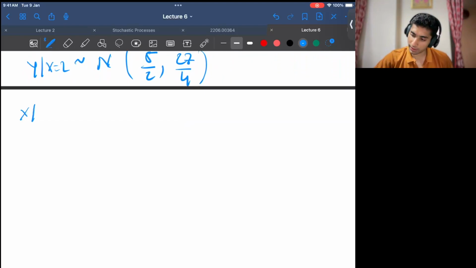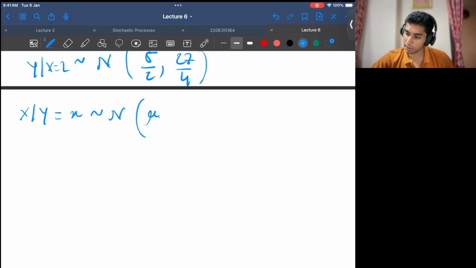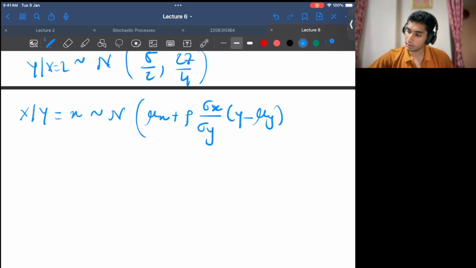Similarly, if you have to find x given y, you can call this another random variable x. This is distributed according to another normal distribution with mean mu x plus rho times sigma x by sigma y times y minus mu y, and the variance will be sigma x square times 1 minus rho square.